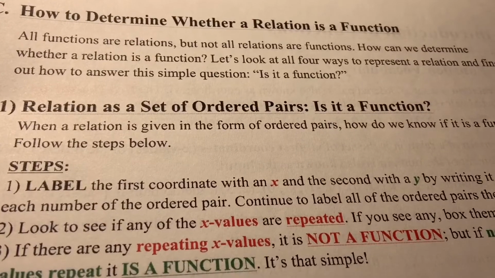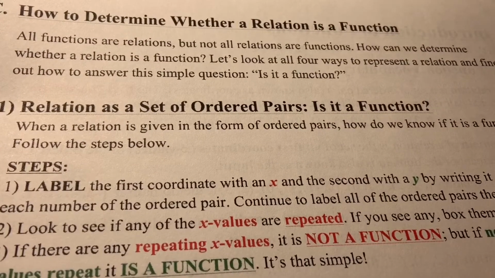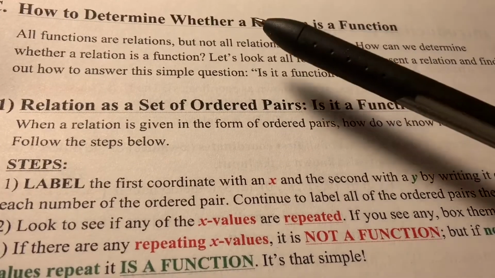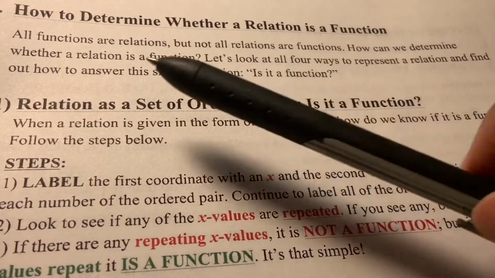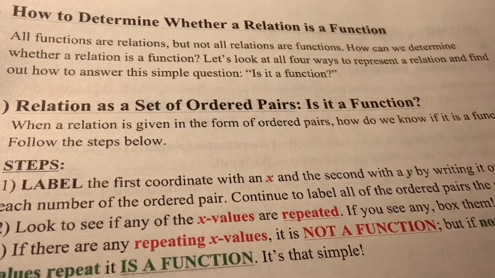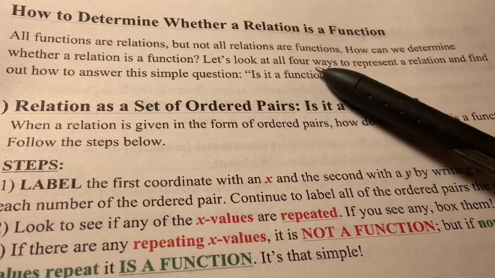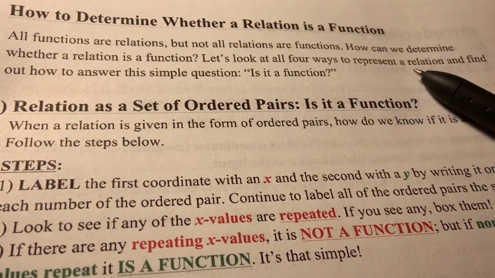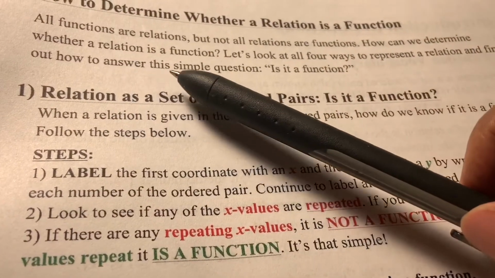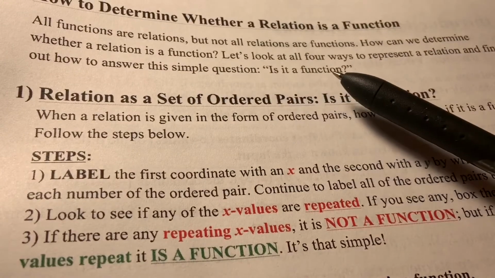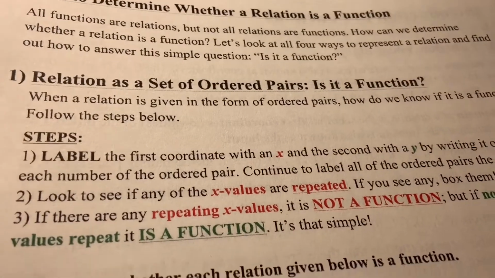All functions are relations, but not all relations are functions. How can we determine whether a relation is a function? Let's look at all four ways to represent a relation and find out how to answer this simple question. Is it a function? Okay, let's do it.